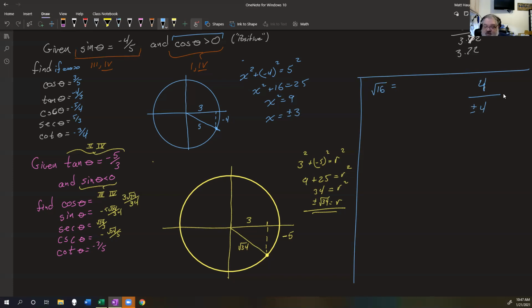So if the square root is a function, how many answers is it allowed to have? 1. So I ask again, what is the square root of 16? 4. It can only have one answer, and that answer is 4.